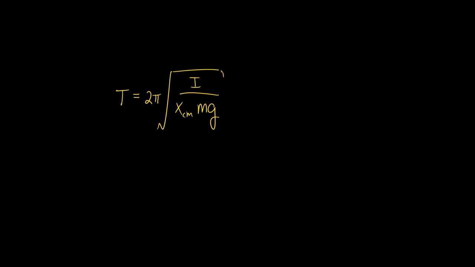Do you all remember that? So a physical pendulum can be any shaped object that has a center of mass that is identifiable, and we pivot it about some point of the object. No matter where we pivot it, you would need the moment of inertia about the pivot point to calculate that for a physical pendulum.